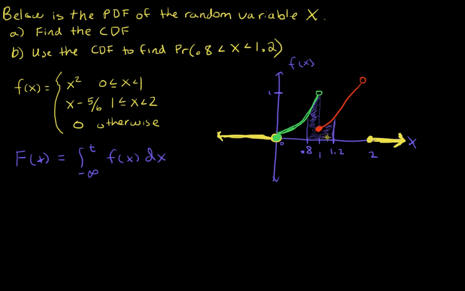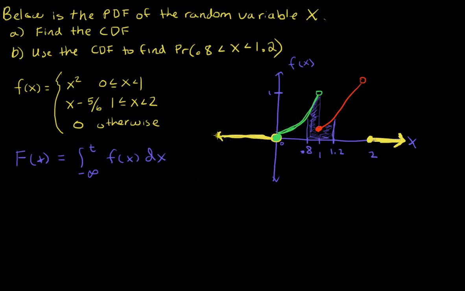My ultimate goal is to find this area here, right? And of course I could just do this integration between 0.8 and 1, and then 1 to 1.2, and I could find this probability, but I'm going to use the CDF to find this probability. So first thing I'm going to do is find the CDF.